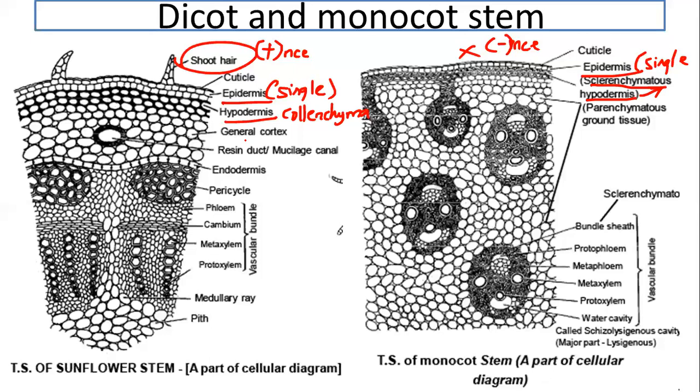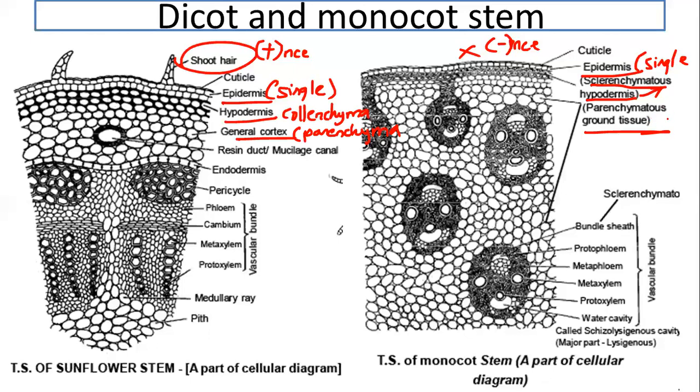Next, the cortex. You can see a general cortex, which is filled with parenchyma cells. But in the monocot stem, parenchymatous ground tissue will be present instead of a well-defined cortex.